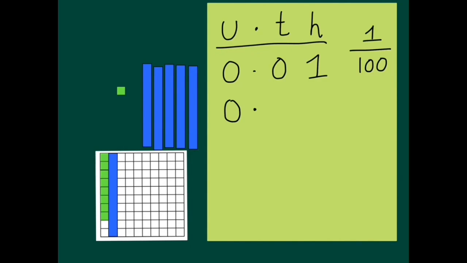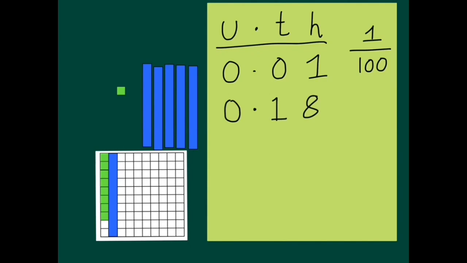But this time I've got 1 tenth and 8 hundredths. So I'm going to write 1 in the tenths place and an 8 in the hundredths place. It would be really tempting now to call this 0.18, but it isn't.